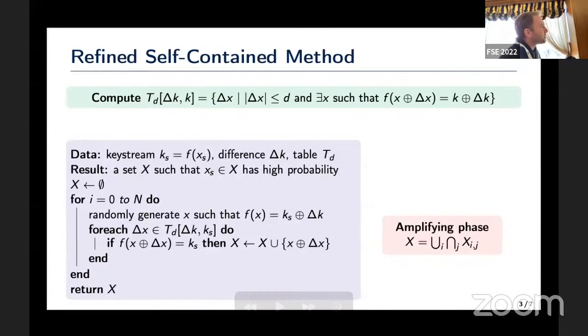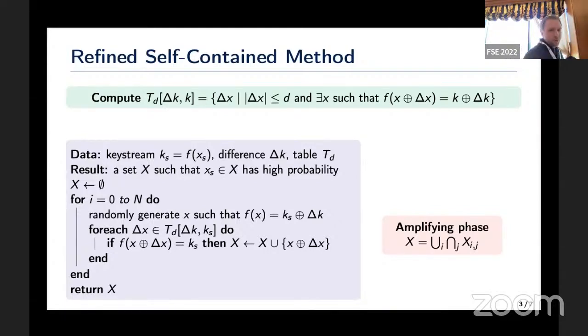So basically, the core of this cryptanalysis technique is the refined self-contained method. First, you compute some differential table containing near collisions. That's what is in green here. And this table will be used in an algorithm, the blue one. This algorithm takes as input some key stream bits, KS, and a difference.